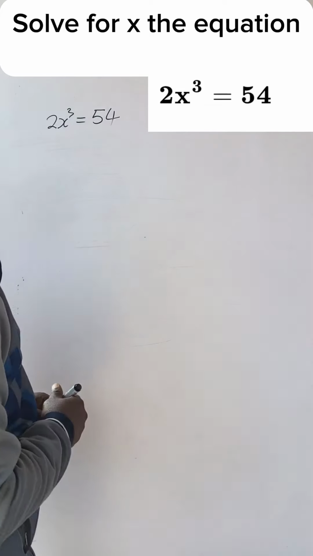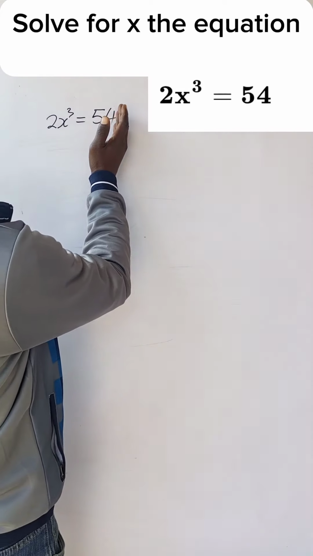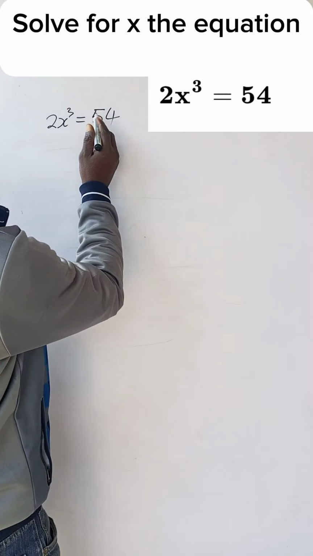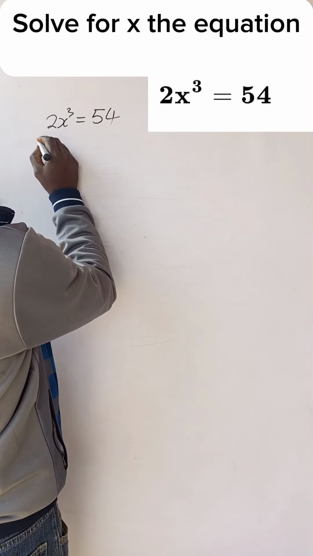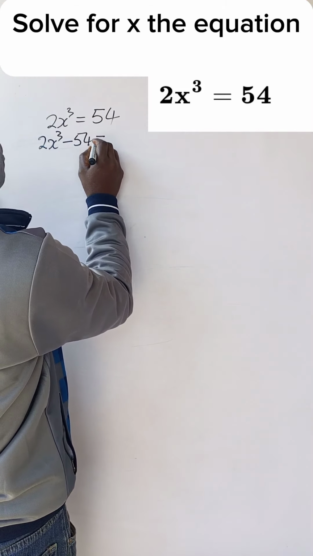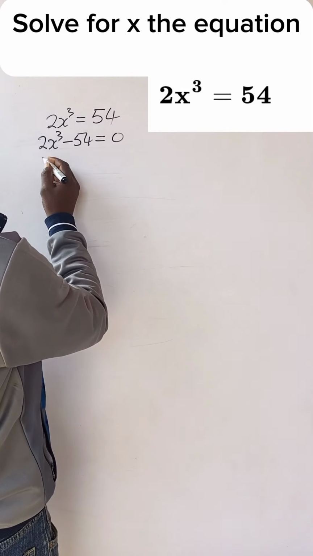The right method is to form the cubic equation wherein we have expressions all on one side and 0 on the other side. So we take this 54 from the right hand side to the left hand side to obtain 2x cubed minus 54 is equal to 0. Now from here we see that 2 is common.